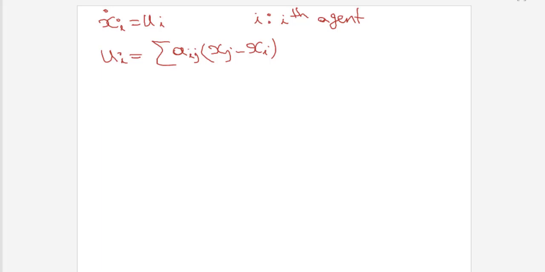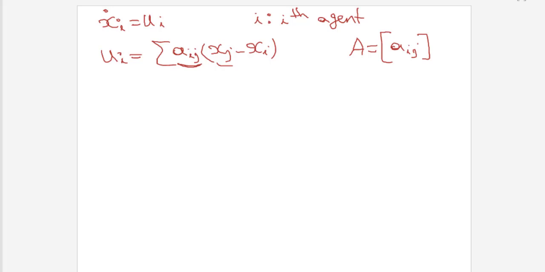Okay, what does this mean? The aij are the elements of the adjacency matrix, over j in the neighbors of xi.